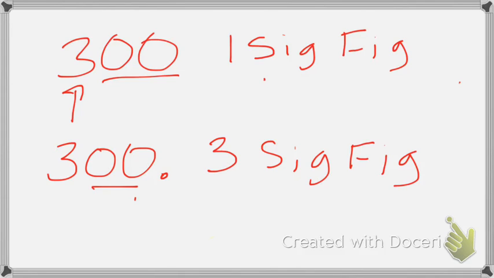If you said the last 0, you would be correct. The last 0 is estimated. It's not certain. But the 3 and the second 0 are significant, and we know those to be true.